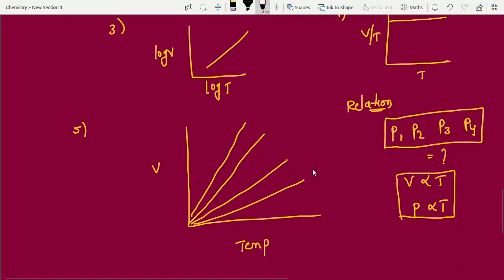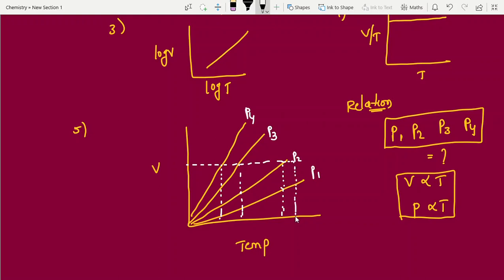Now the relation between this value P1 and this P2 and this P3, this P4 they are asking. Now what happened? This is P4, this is P3, this is P2, this is P1, right?